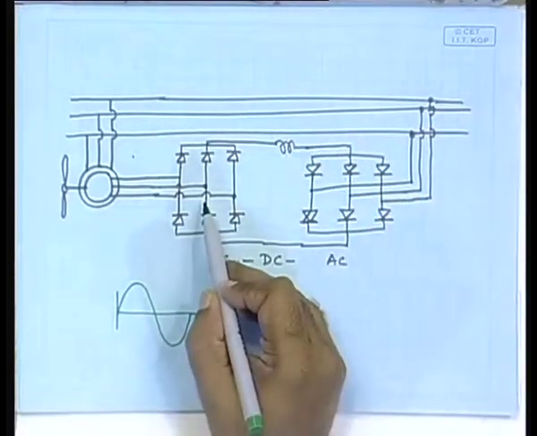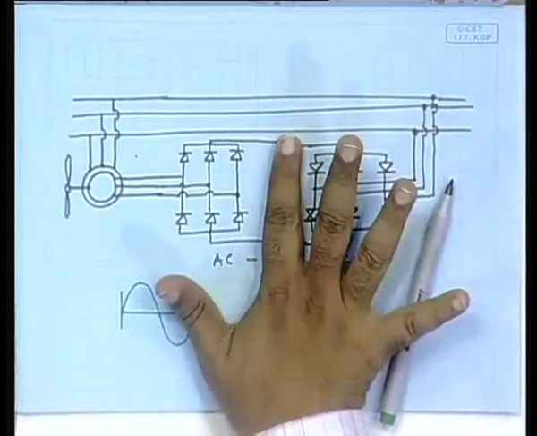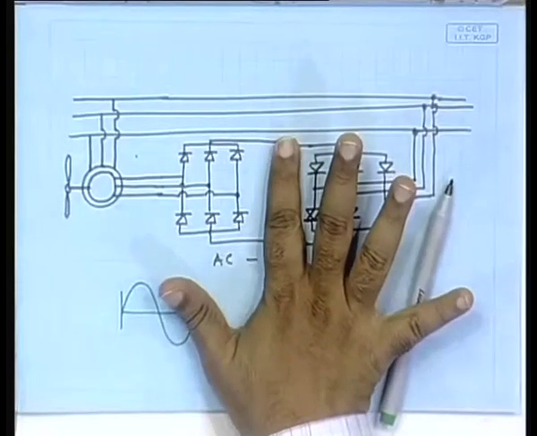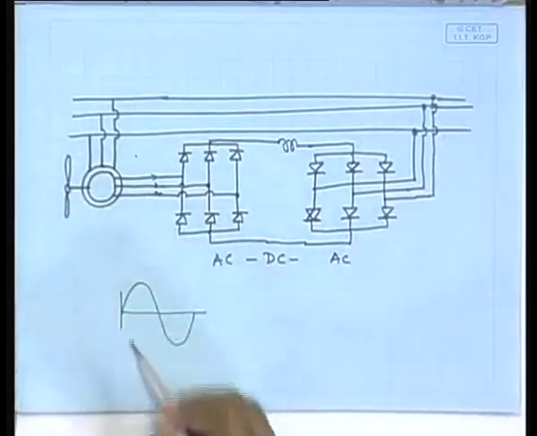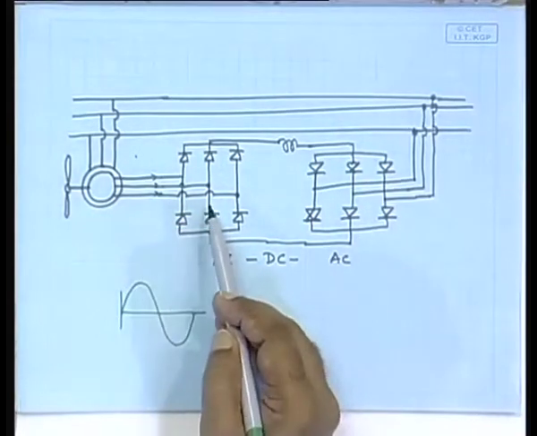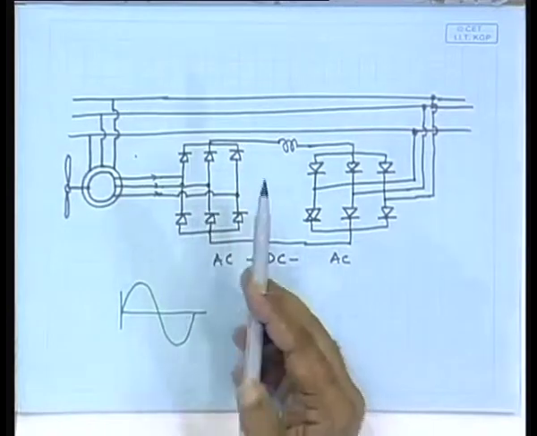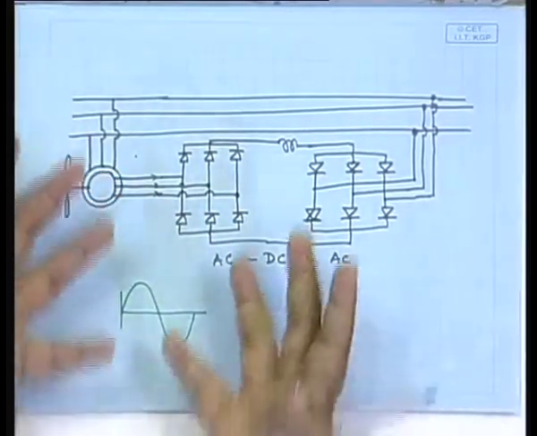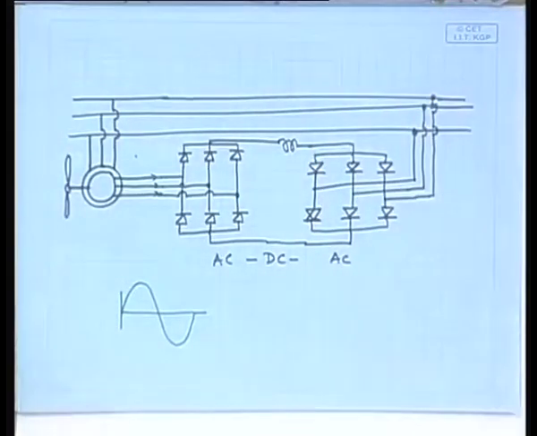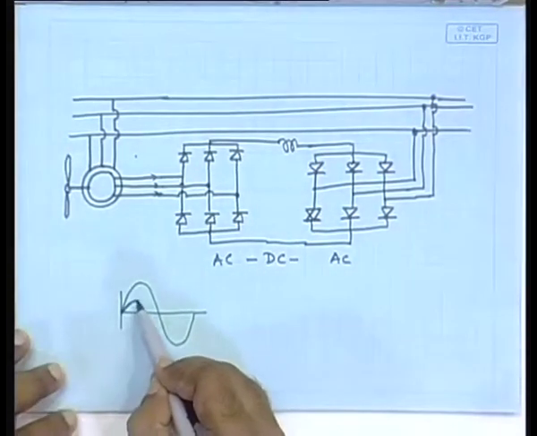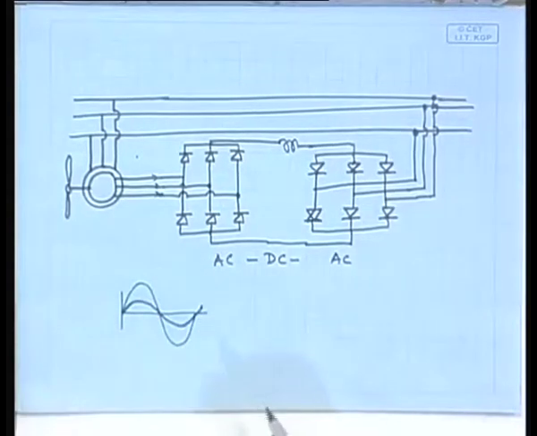What will be the phase of the current? On this side it is DC. Here it is DC. Here it is AC. I am talking about these currents. What will be the phase of the currents? They will be in phase with the voltage, because whenever there is a voltage, the current will flow. So, the current waveform will be like this.